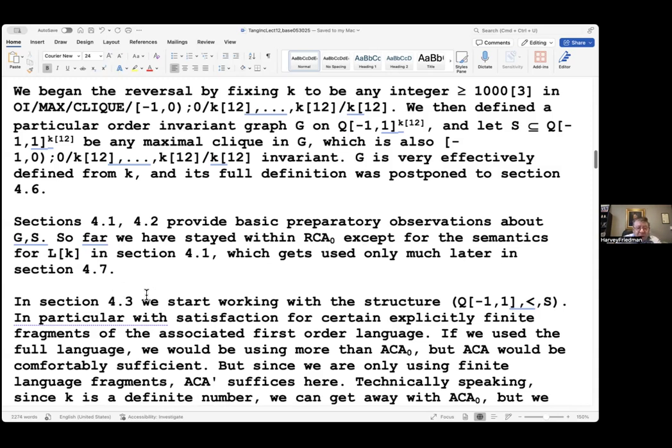In section 4.3, we started working with the structure where we have the domain Q minus 1, 1, and we have the invariant clique, the maximal invariant clique S, which is K12 dimensional with order.